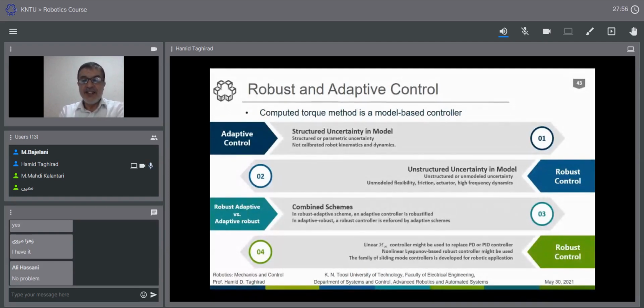Okay. So what we will do in a robust controller or an adaptive controller, in both cases, what we consider is not only the model of the system, but also the difference between the true model and the model that you have considered.